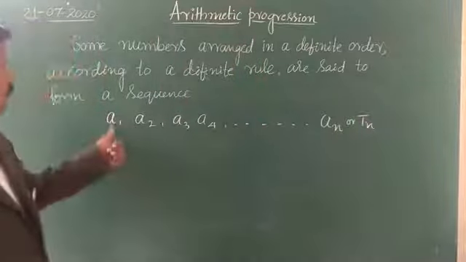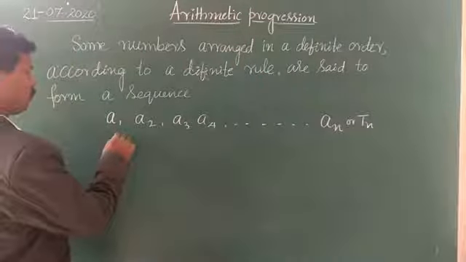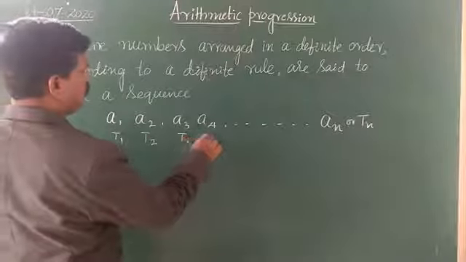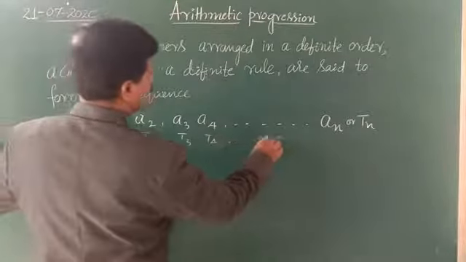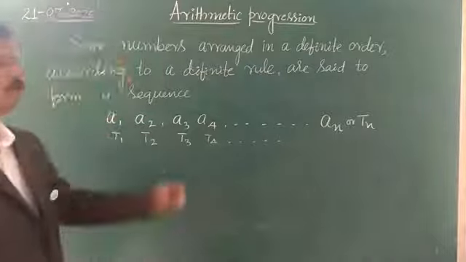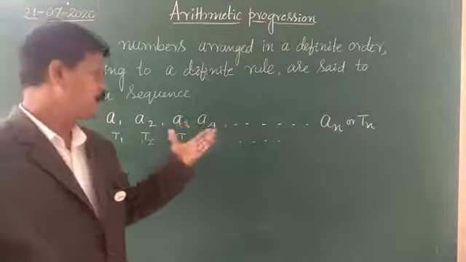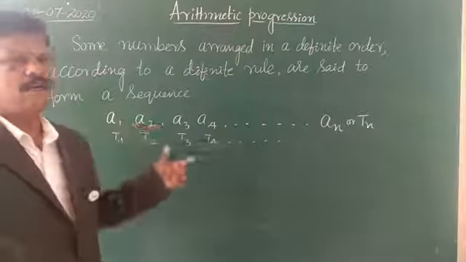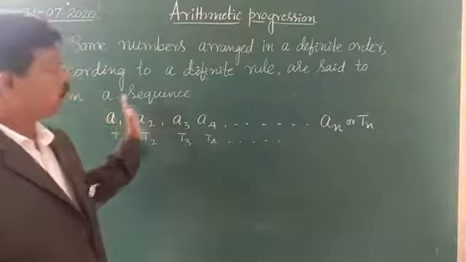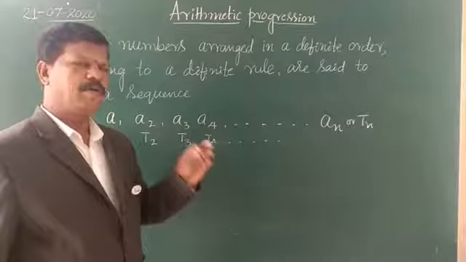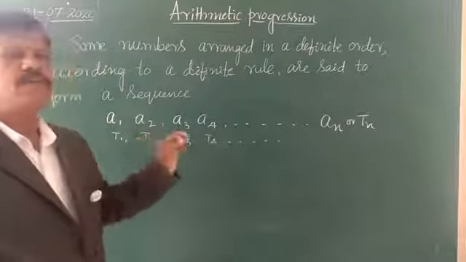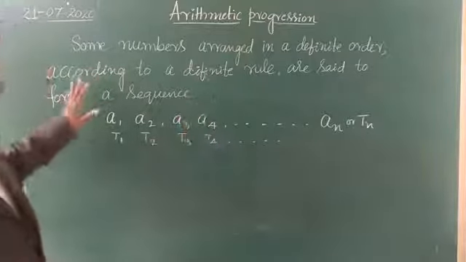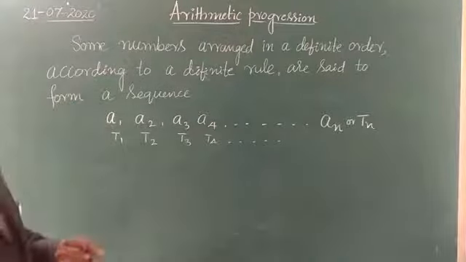A1 is also called term 1, term 2, term 3, term 4, etc. In some books they are given as T1 and in some books as A1. So always use A1, A2, A3 and remember that that is the term of the sequence. Clear? So these are the definition of a sequence.